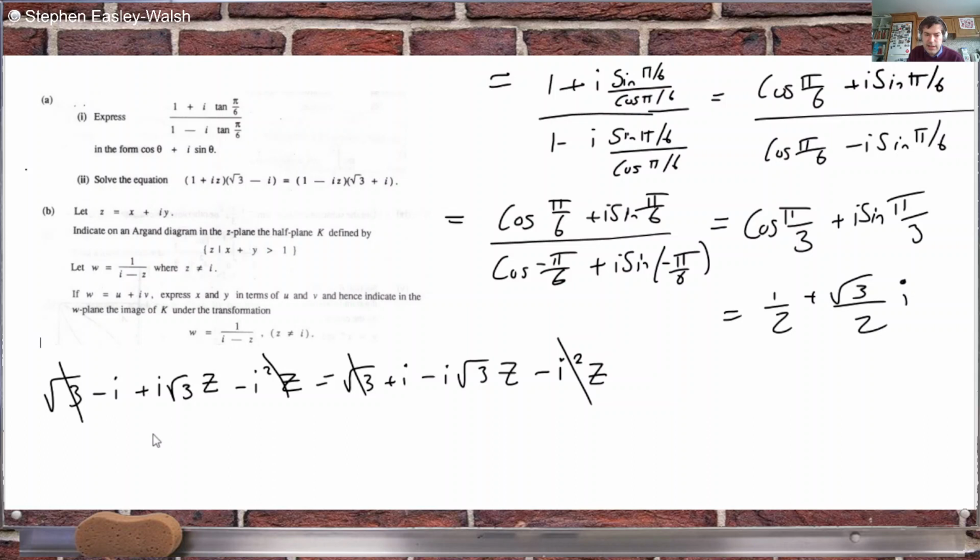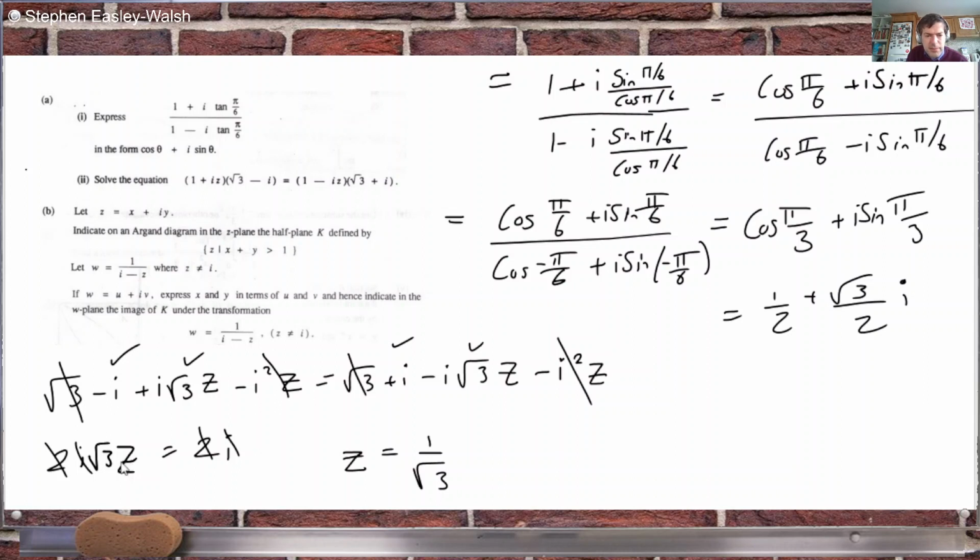So if I take that to the left, I'll get 2i root 3 z. So I've accounted for that and that. And then if I take the i to the right, I get 2i. Oh, okay. The 2's and the i's cancel. So is z just equal to 1 over root 3? I guess so.